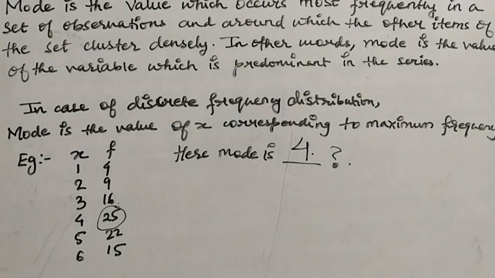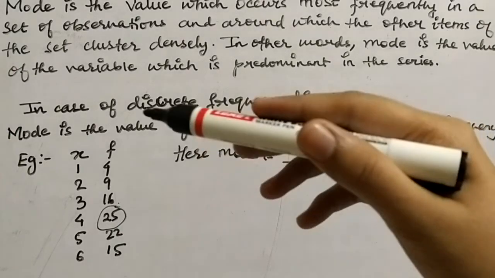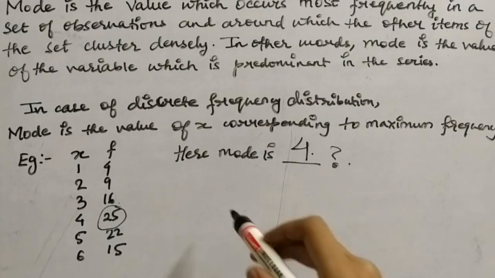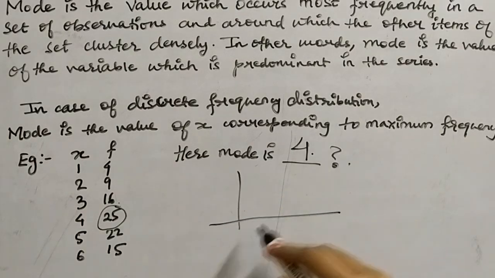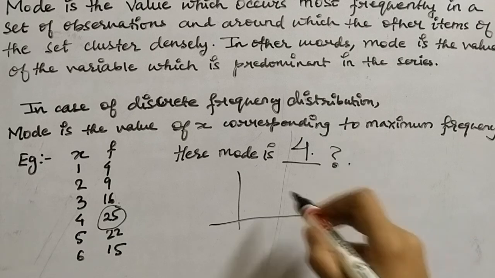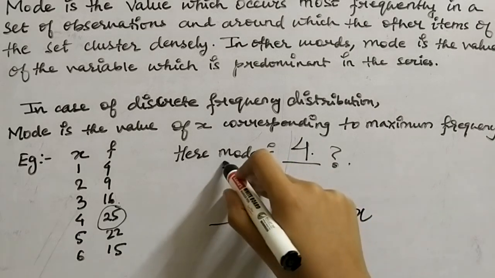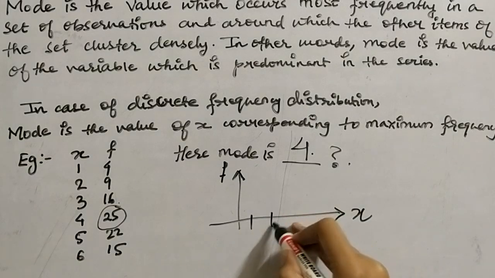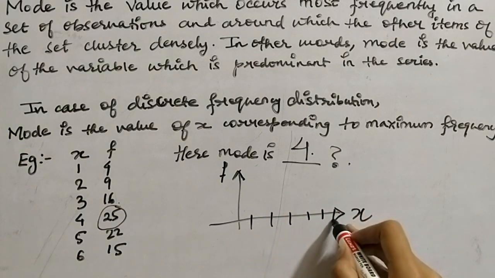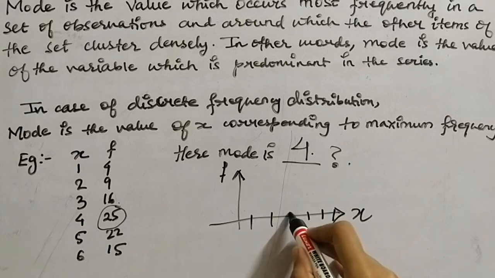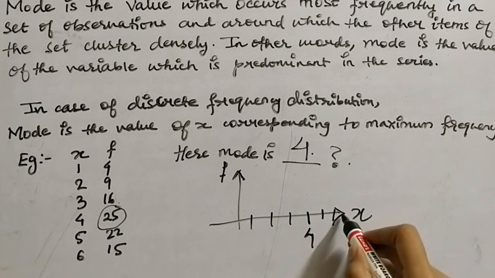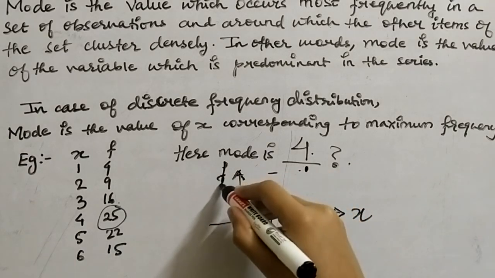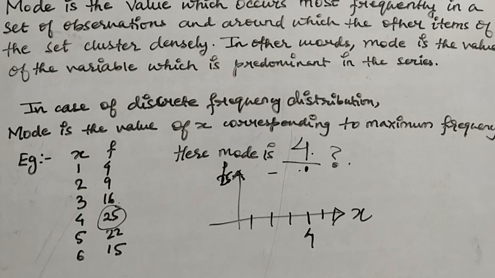It means that when you have the highest frequency, then in order to draw a graph, you can see that here we measure X and on the vertical axis we measure frequency, correct? So number 4 has the highest number, 25, correct?